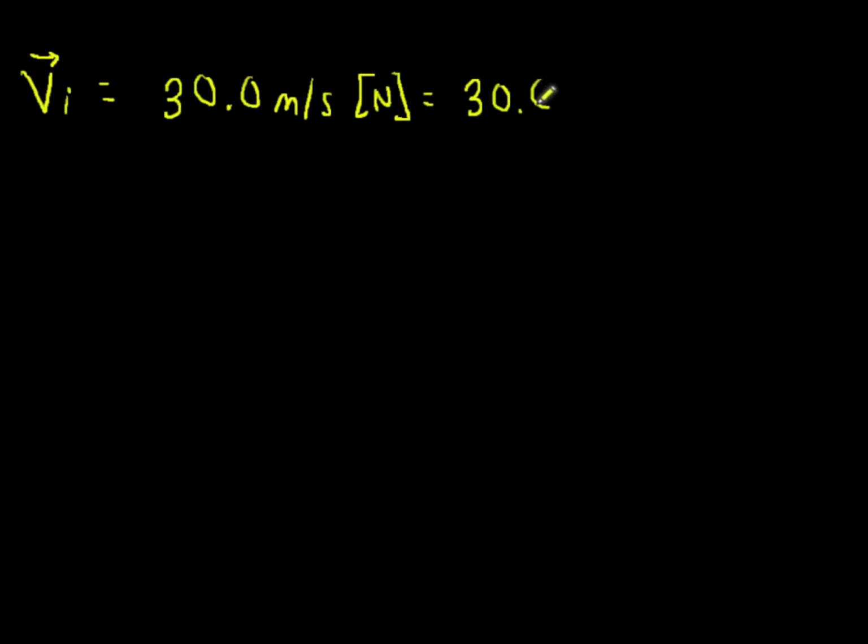A big step in figuring out which formula we need to use is writing out our list. Vi is 30 meters per second to the north. This is positive 30 meters per second, because north is a positive direction. Vf equals 0. This is because the car is stopping at a red light.